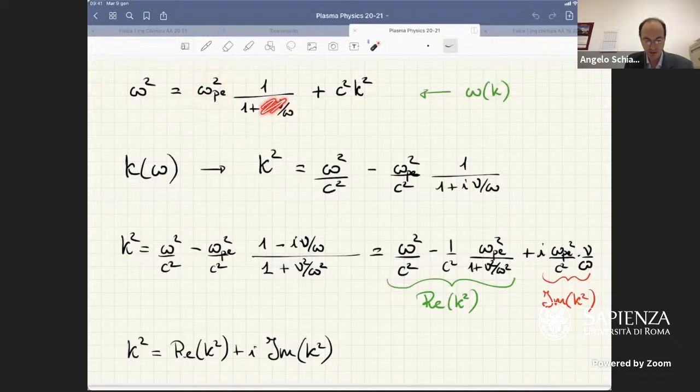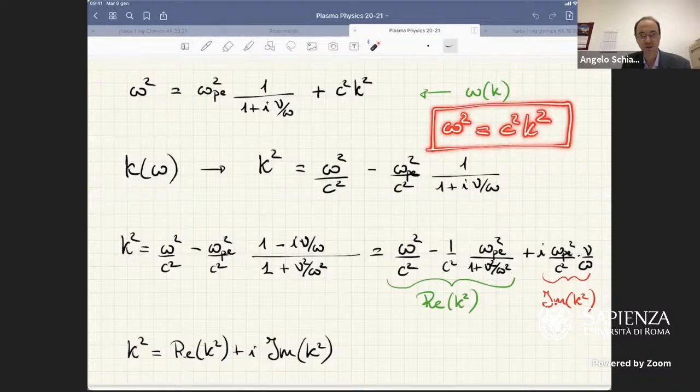If no plasma is present, this term is not there, it's 1. This term altogether goes away if we are not in the plasma. And we have that in vacuum, omega squared equals c squared k squared. And this is the dispersion relation for electromagnetic waves in vacuum.